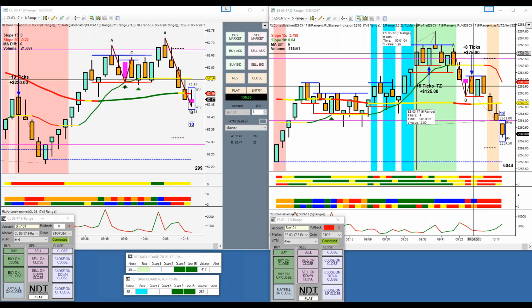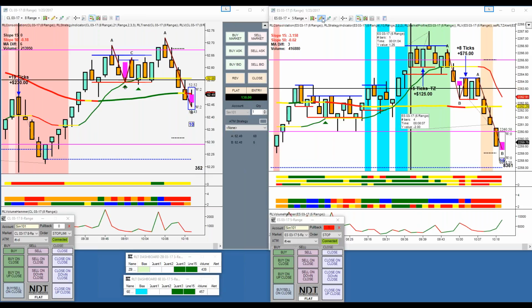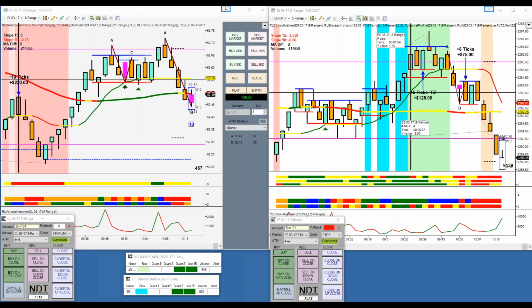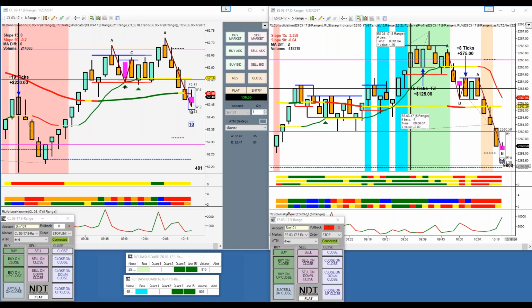We would have gotten that. We're almost ready to take a short on the ES. It's turning 8,000 contracts a minute. You can see right here in the lower right-hand corner. Now 9,000 a minute.